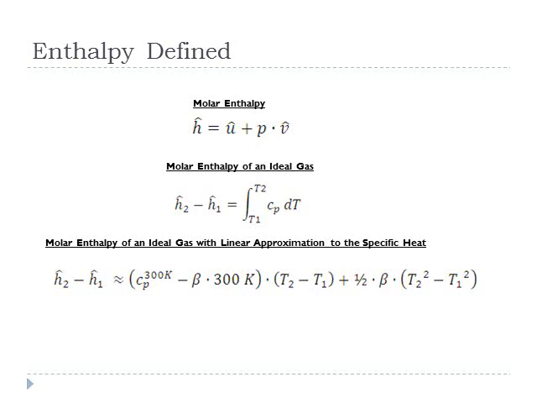If we do the linear approximation, the change in the molar enthalpy is going to be some constant times the difference in temperature, and then we're also going to have this term where it goes like T2 squared minus T1 squared, times that linear correction. We're going to be using that a lot throughout this course, and we can put those back into the first law. That's where we're going to need to know the enthalpy, the molar flow enthalpy.